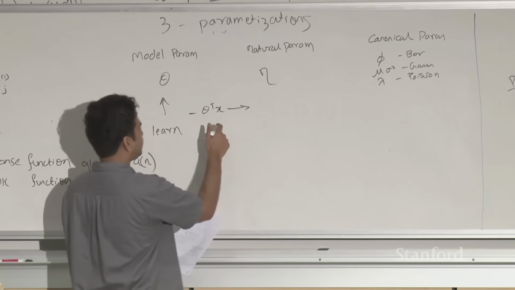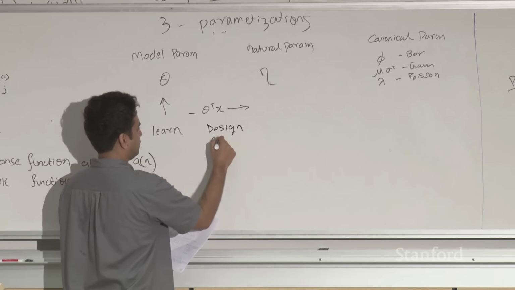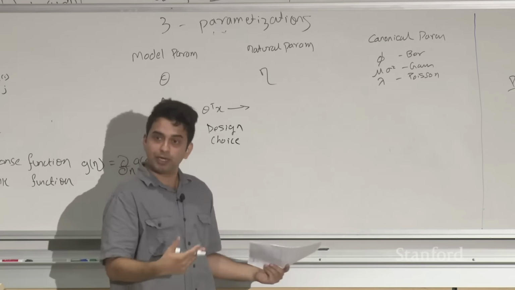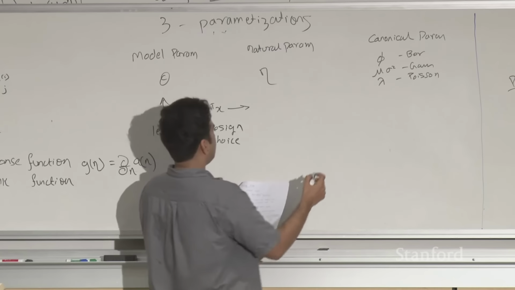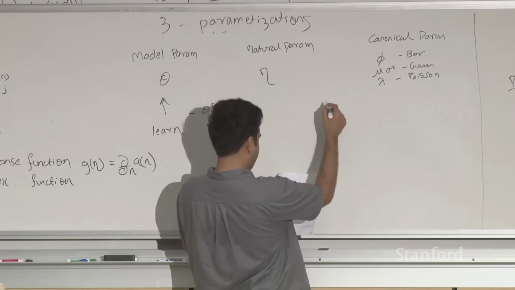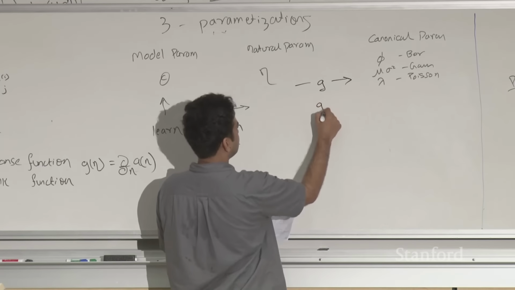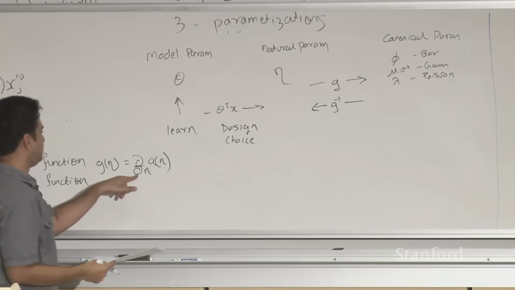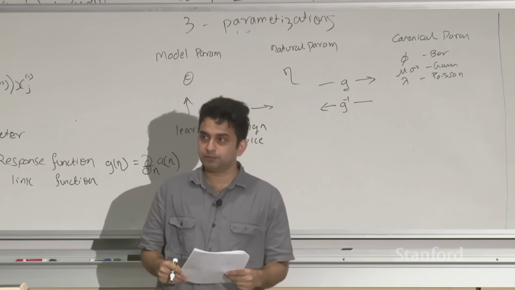This is the design choice that we're making: we choose to reparameterize eta by a linear model, linear in your data. And between these two, you have g to go this way and g inverse to come back this way, where g is also the derivative of the log partition.